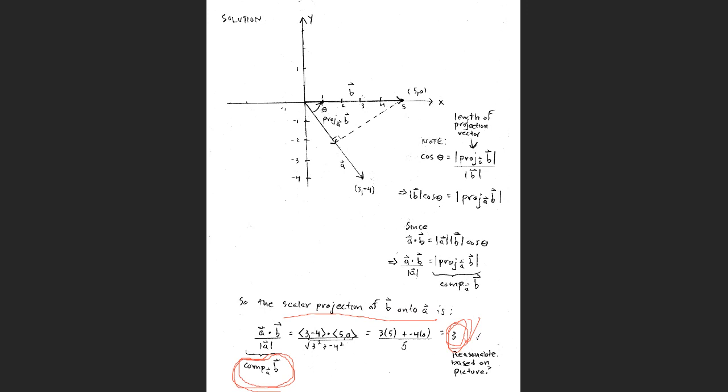It's one component going in the direction of the vector A. The vector A is the direction you're going, so to speak. All right, thank you. Okay, great.